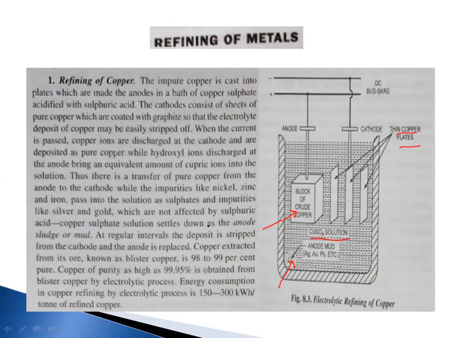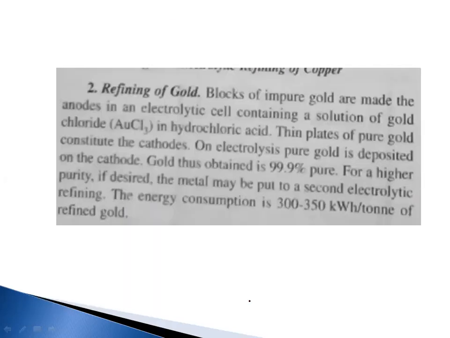And we know that the total process requires 150 to 300 kilowatt hour energy per ton of refined copper. So that is the process of refining copper.